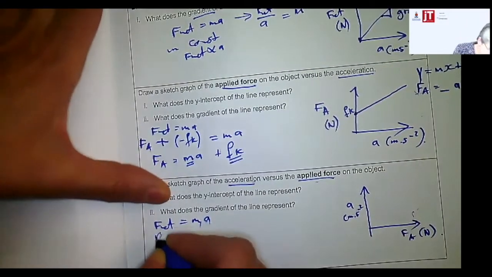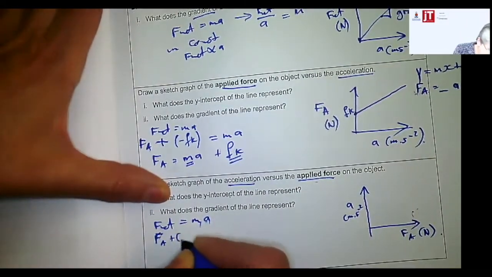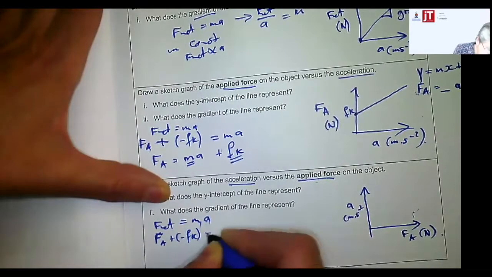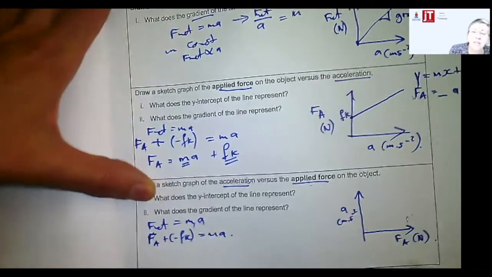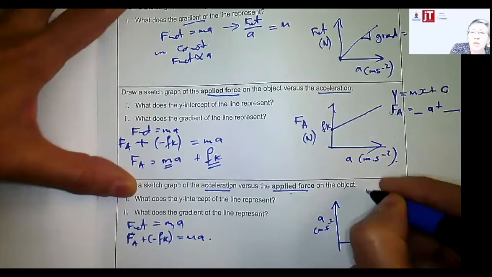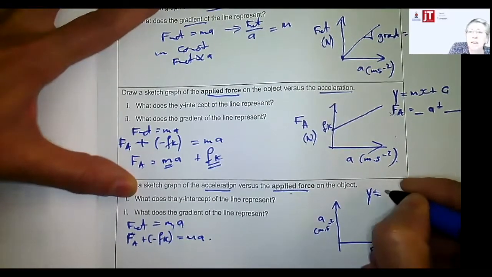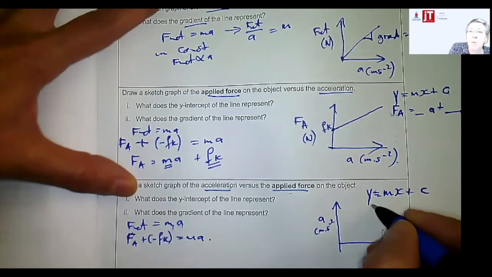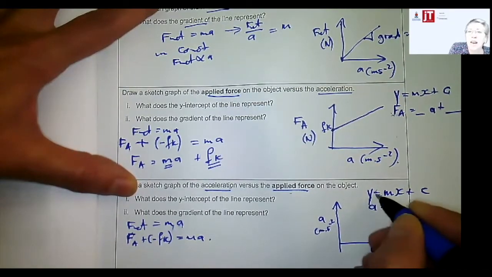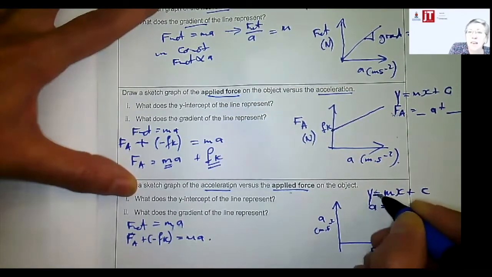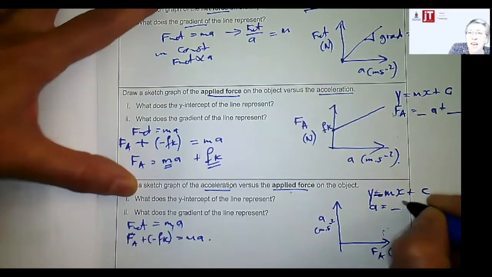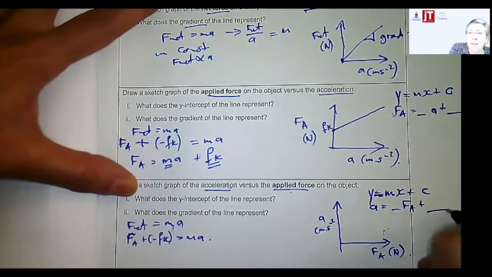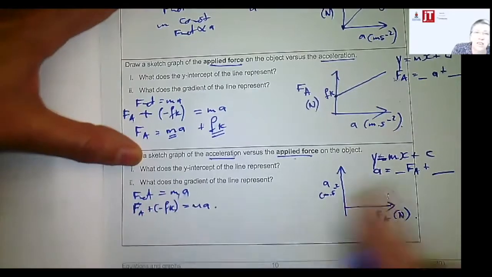So this will be F applied plus minus friction equals to m times A, right? And what am I working towards? Let me just keep in mind, I'm working towards mx plus c, but now in the y position in my equation, I need an a, right? And in the x position, I need f applied. Okay, so let's rewrite this to get into that one.